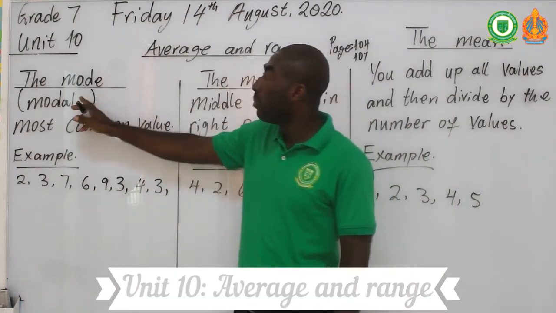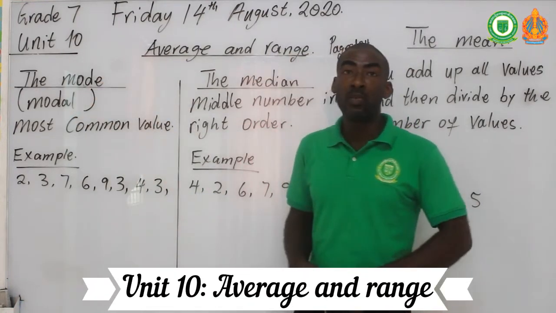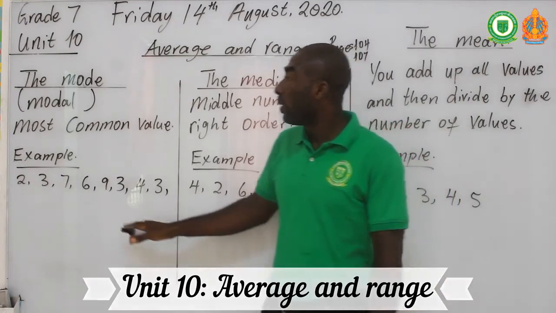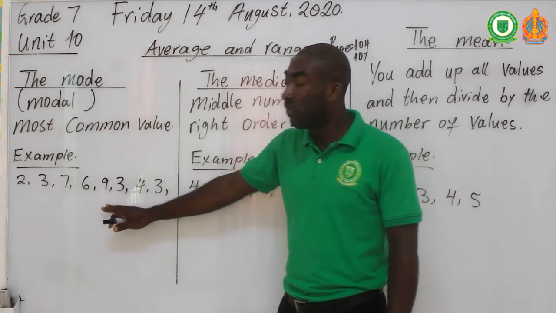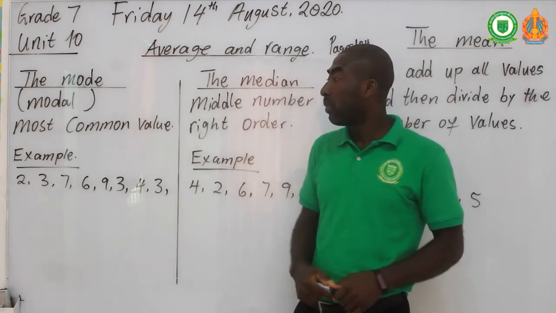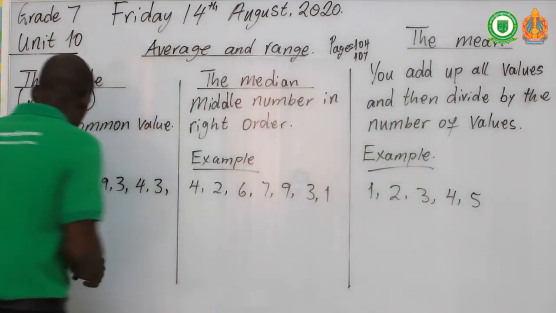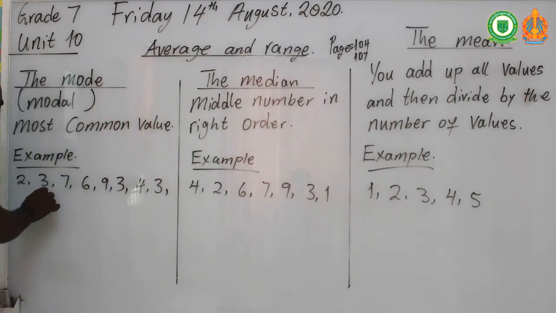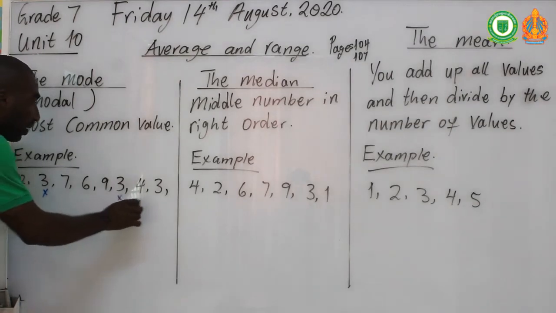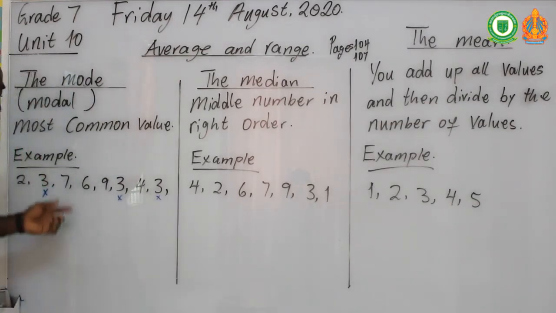Mode and modal are the same words that we use interchangeably. So the modal or the mode average for this example becomes 3, because we have 3 here, and 3 here, and 3 here. 3 is the number that is appearing most.